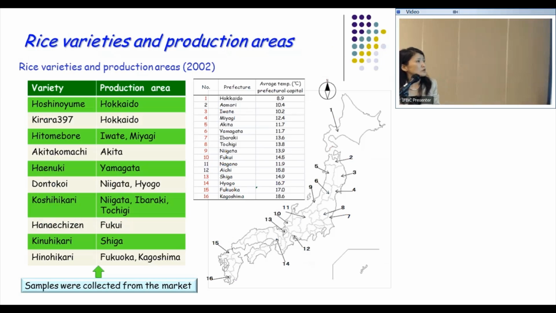Also, although Japan is a very small country, it is an island stretched from north to south, and the difference of climate is quite big. For example, as shown here, the difference of average temperature is nearly 10 degrees centigrade from the north to south.